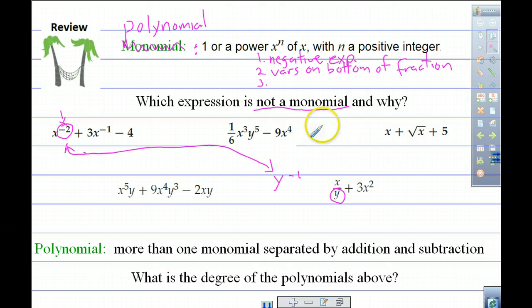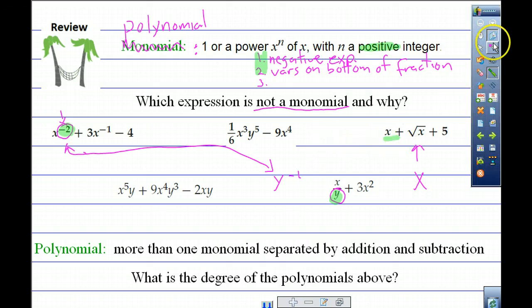And the last one right here, square roots. Not a polynomial. Why? Well, the definition says it has to be positive, right? That's what the first two are about, whether it's an obvious negative or an indirect negative because it's a denominator.